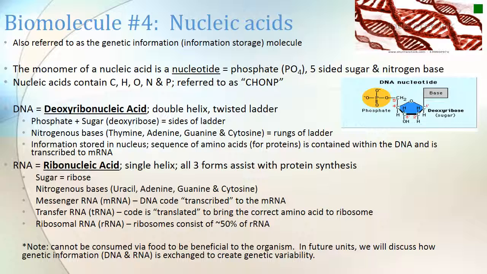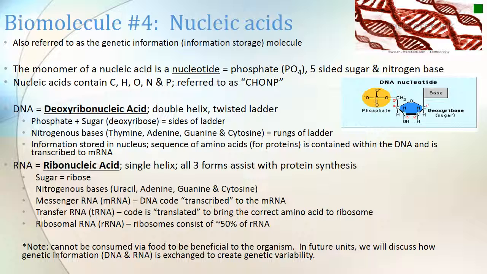And there's also another difference, the nitrogen bases. It too contains 4 nitrogen bases. The difference here is that RNA does not contain thymine. It contains uracil instead. It also contains adenine, guanine, and cytosine, much like the DNA molecule.